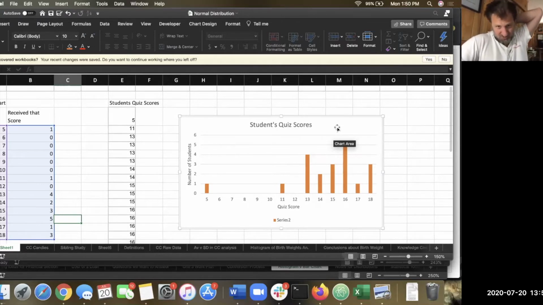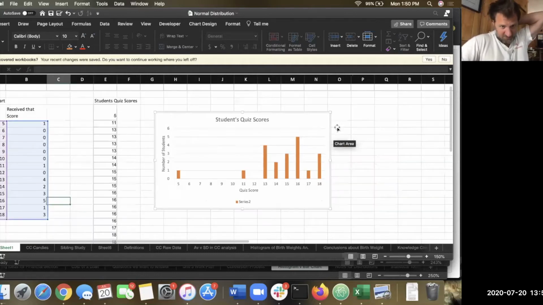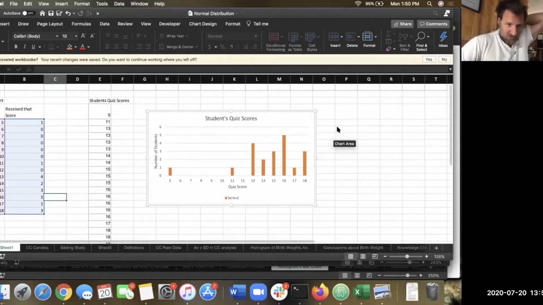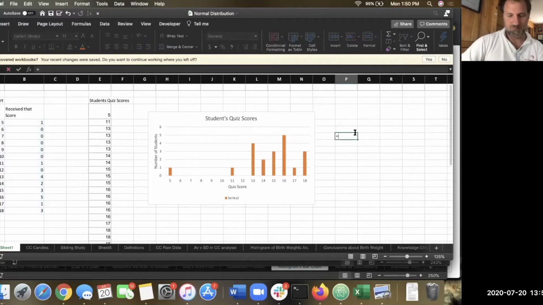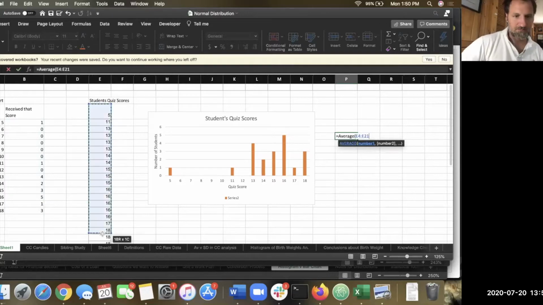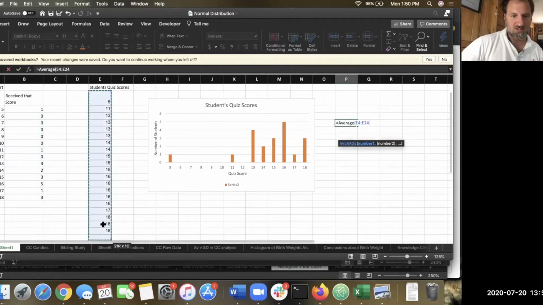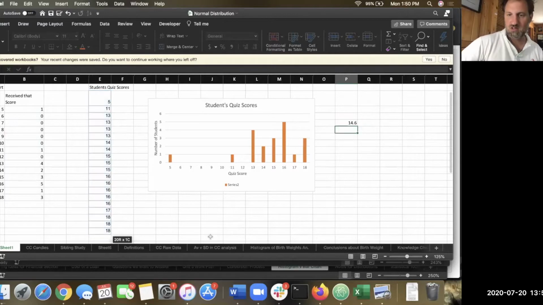So just from a consumer standpoint, which of these representations would you rather see in an article about how the students did? Or would you rather see the average score or the median score or something like that? What do you think is the best way to understand how the students did?